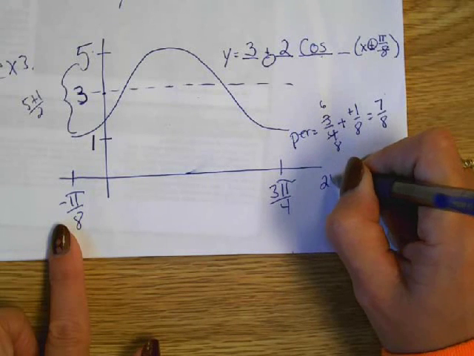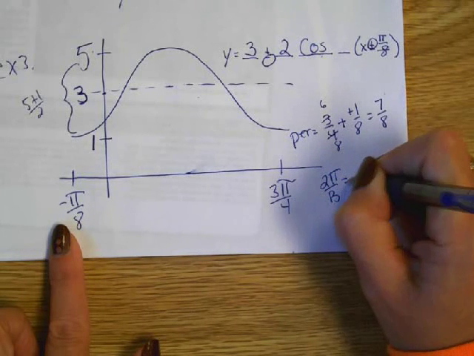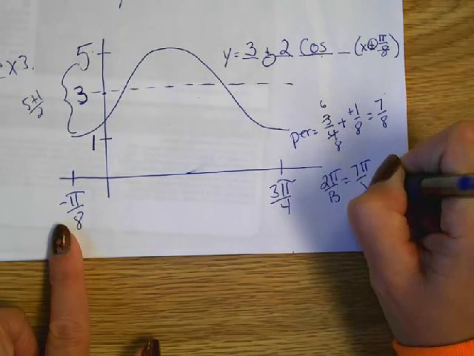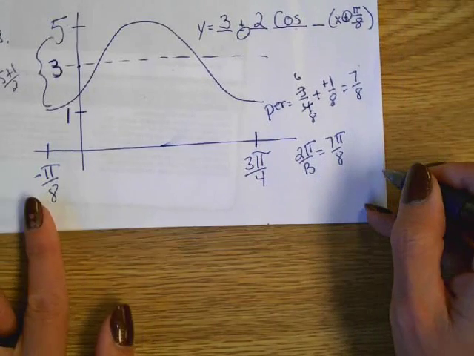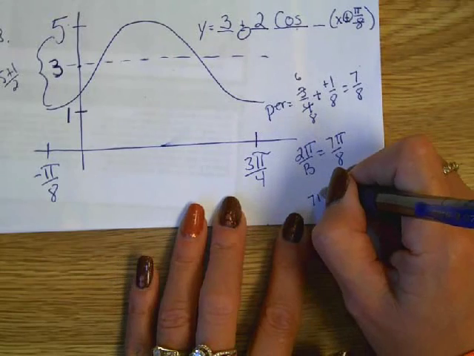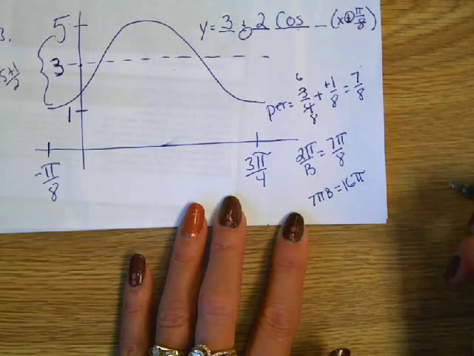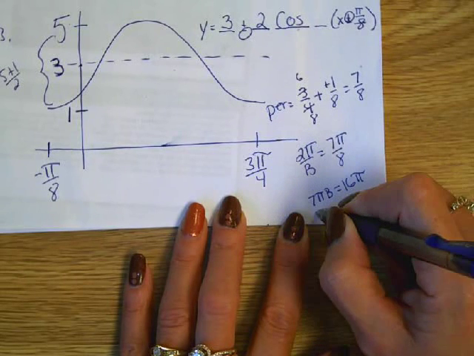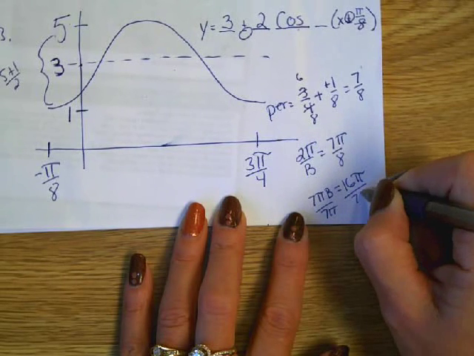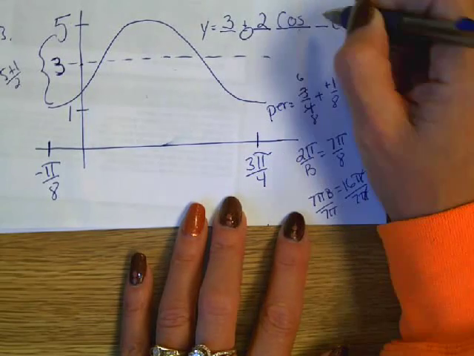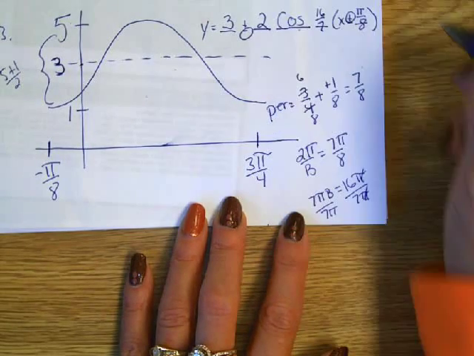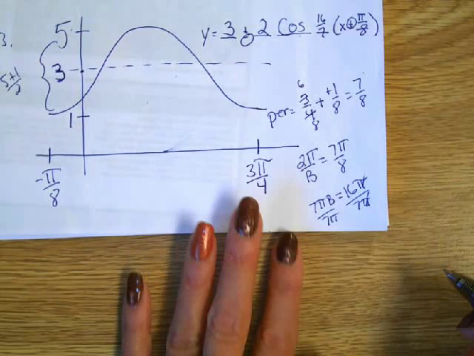So we set 2 pi over b equal to 7 pi over 8 and do cross products. Divide by 7 pi. 16/7. Okay.